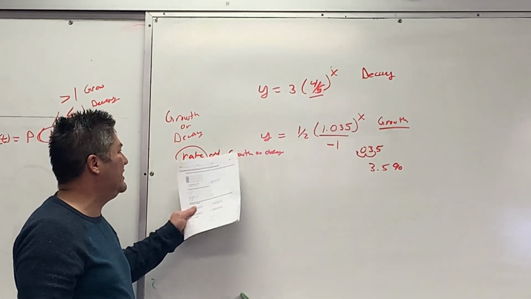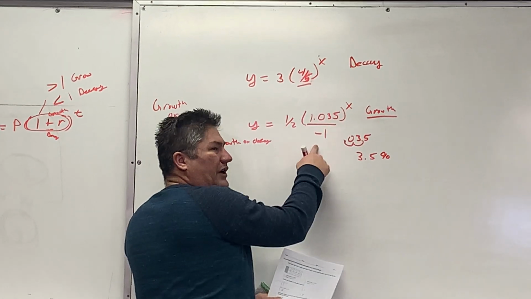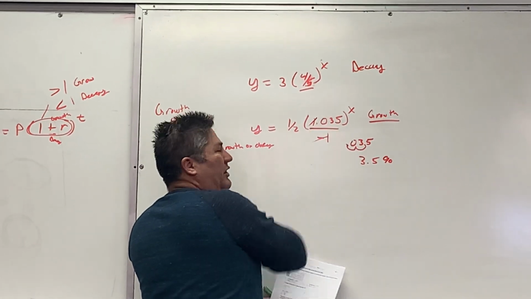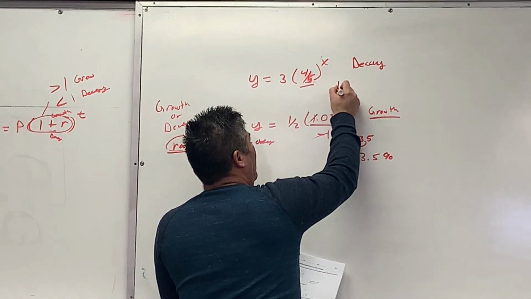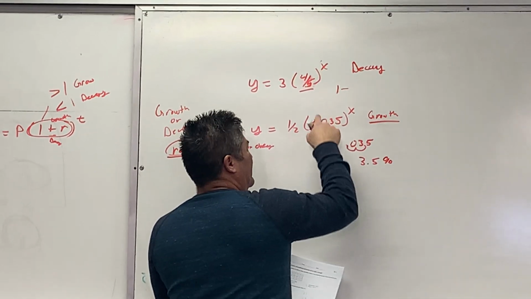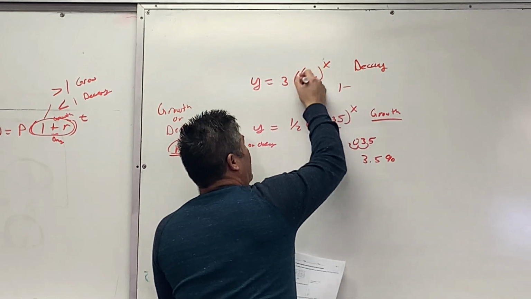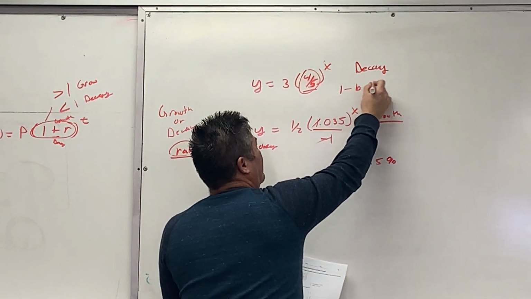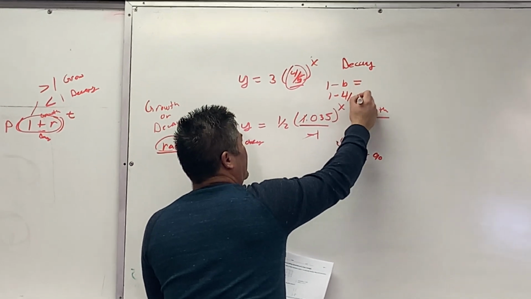Okay, now when it's doing decay, it's a little bit different. See how I subtracted 1 from this? That was easy because I just took off the 1, right? But here, I've got to take 1 minus whatever this value is, the b value, okay? So this is 1 minus 4/5.